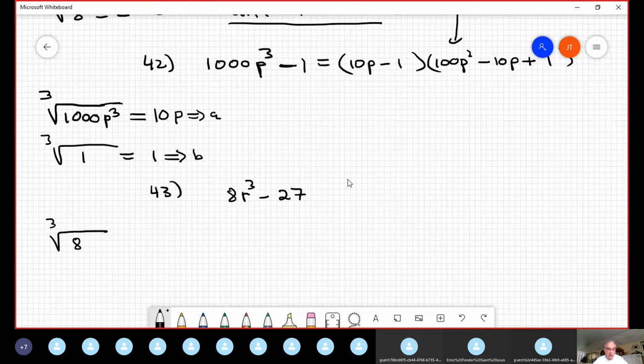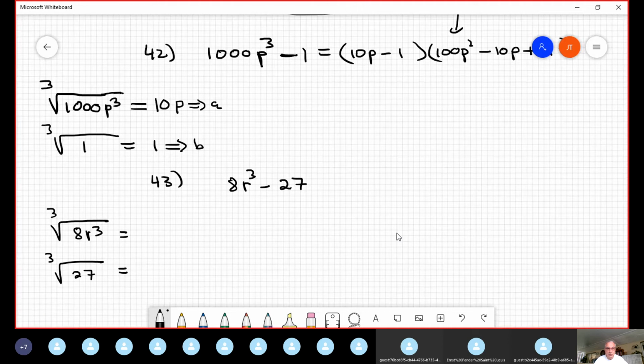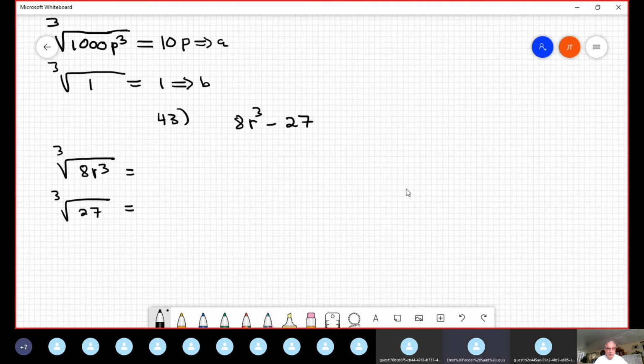You will take the root of 8R cubed and the root of 27, please. I need help in that part. Should give 4. No, 2. Yeah. R, 1. Super.